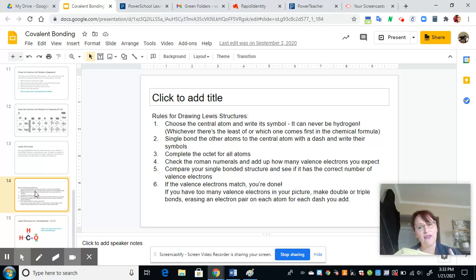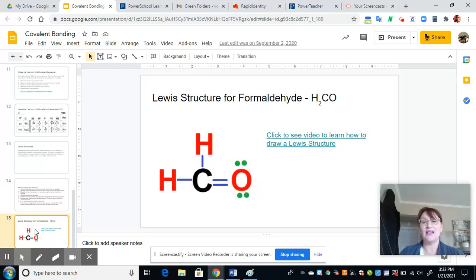But if you don't, then you get to change some of your dashes to double dashes. And every time you add another dash, you get to erase 2 electrons off of each of the atoms that you're bonding. And you keep adding double or triple bonds until you've achieved the correct number of valence electrons. Okay, we are going to demonstrate that in the next slide.